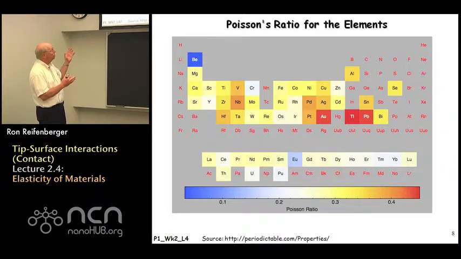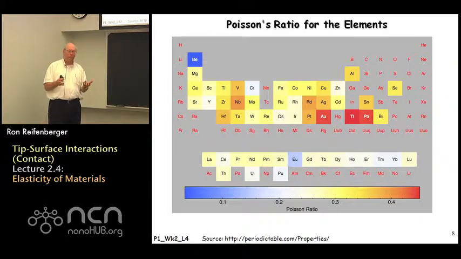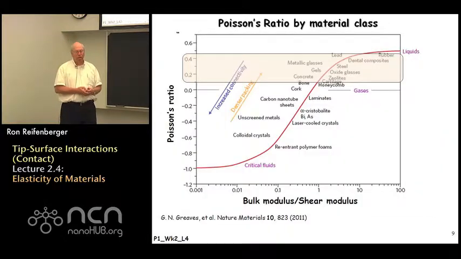It's color-coded, so you can recognize immediately that the Poisson's ratio for a large number of the elements is on the order of 0.3 to 0.4. It's a dimensionless number, and it just describes the lateral deformation for a given deformation parallel to an applied force.